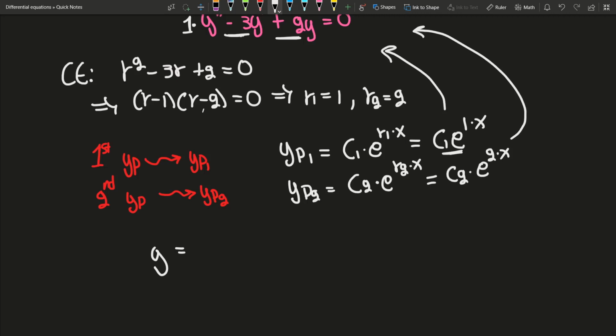It doesn't matter, there might be more, but the general one is gonna be your first particular solution plus your second one, which is this.